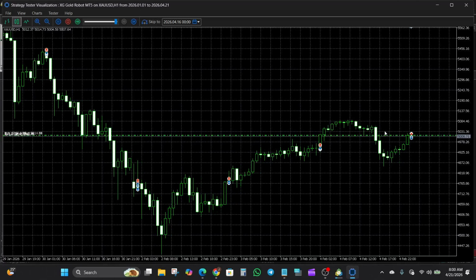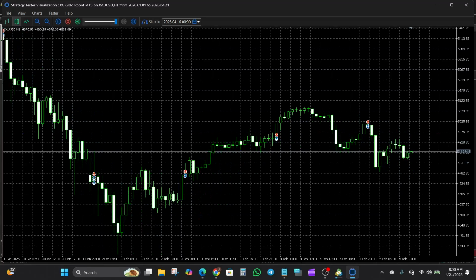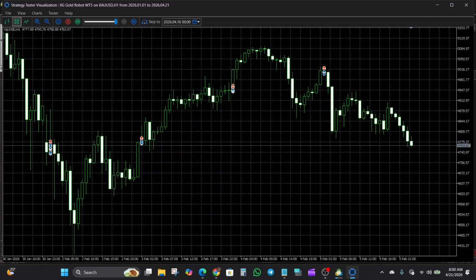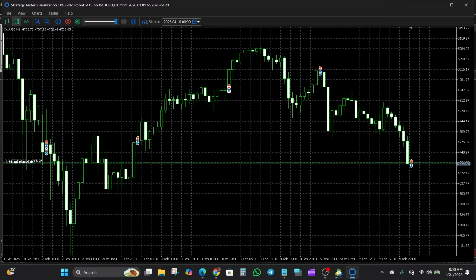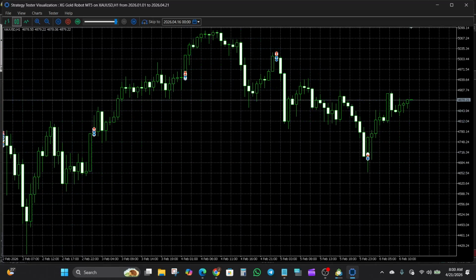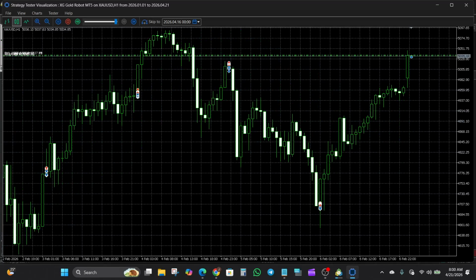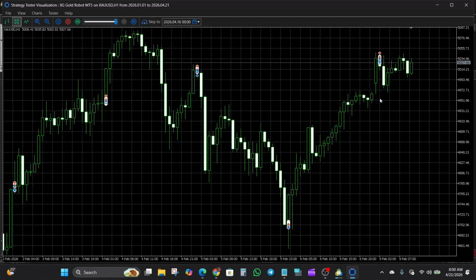Now, in terms of market conditions, because this EA uses a mix of trend, momentum, and confirmation filters, it's likely to perform best in moderately trending markets with healthy volatility.